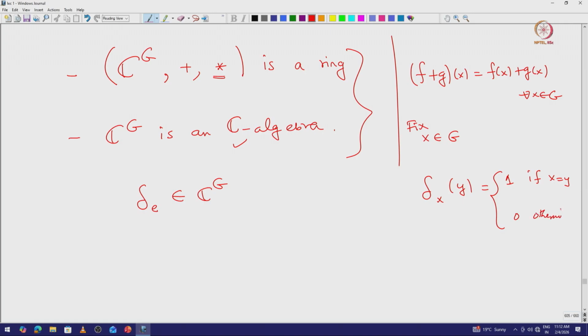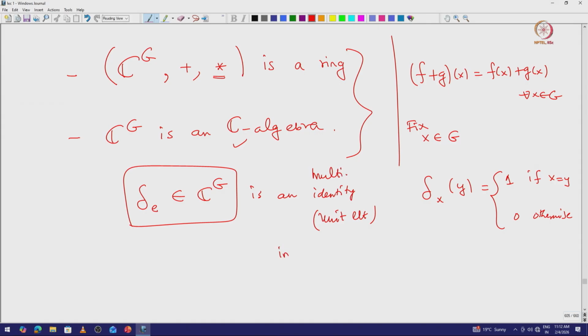This is the delta function, and we will see that this delta e in CG is the identity, that means the unit element, the multiplicative identity, in this CG with plus and star.